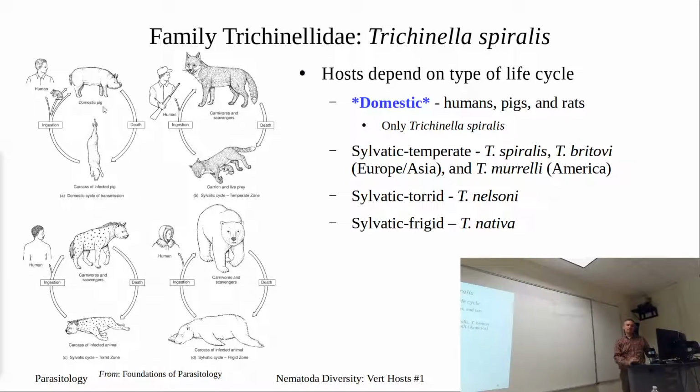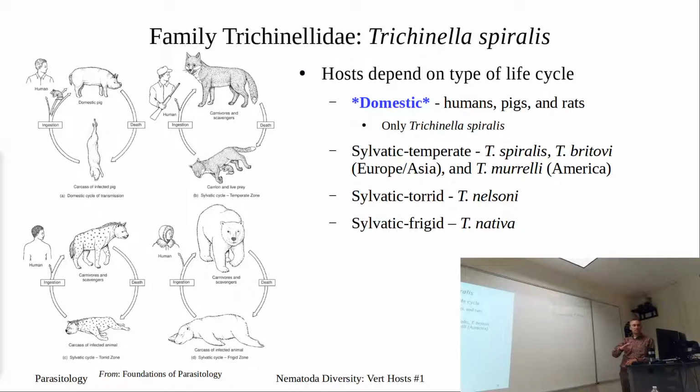In a farm setting, you're going to have rats out there foraging. Occasionally a rat's going to die and then get consumed by a pig. Or occasionally some of the pigs will die and the other pigs will consume them. Pigs are omnivores. The sylvatic temperate, the sylvatic torrid, and the sylvatic frigid all refer to life cycles that involve wild animals.